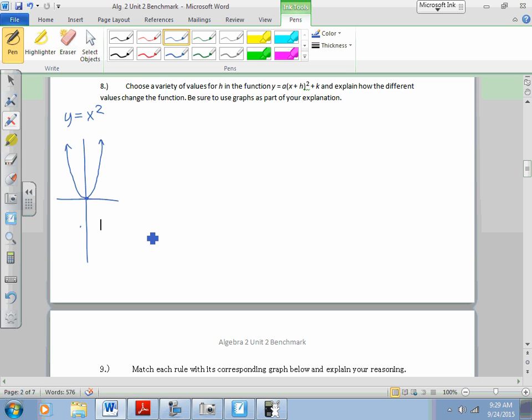All right, right next to it, can you do this? Write y equals negative x squared. What do you think? By just putting in that negative, what did it do to it? It's going to shift it down. Shift it down. Go and check, make sure that that's what happens.